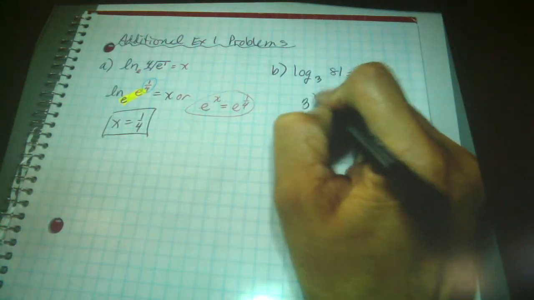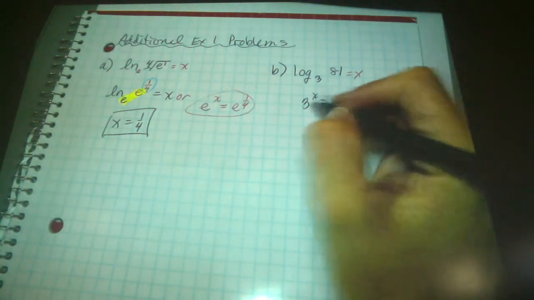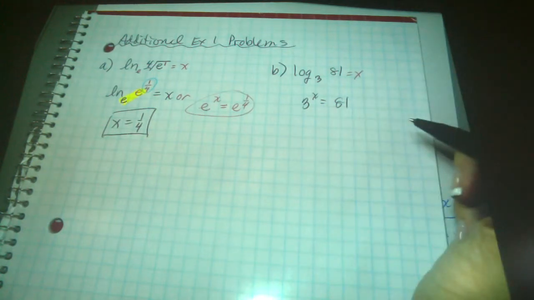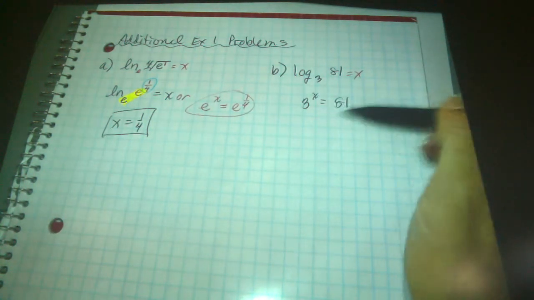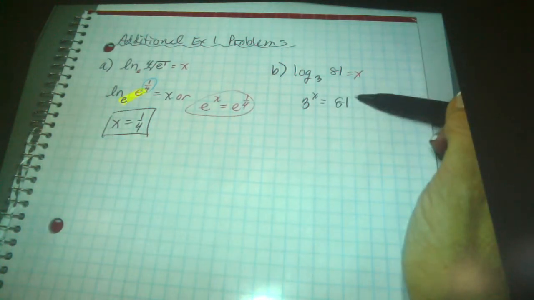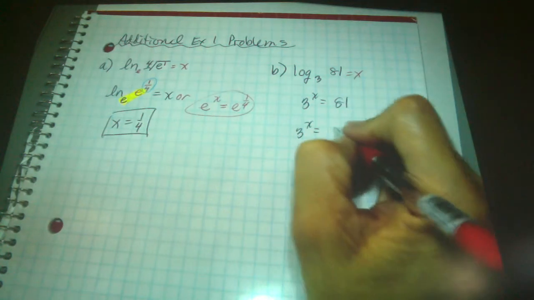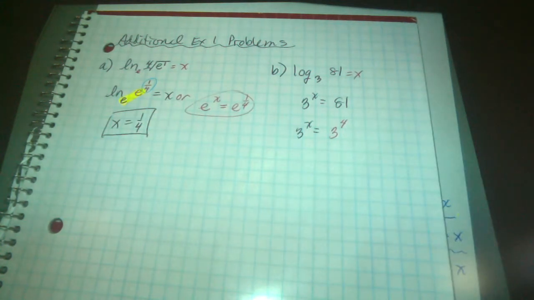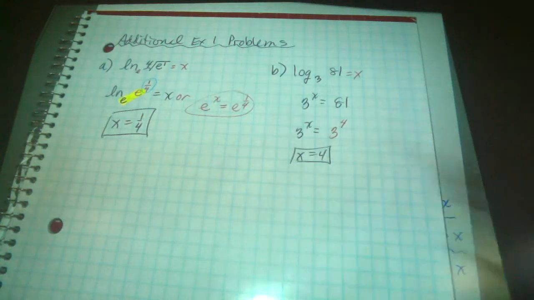So 3 to the x is equal to 81. 3 is the smaller of the two numbers. Can I convert 81 into 3 to something? Yep, so I've got 3 to the x equals, there are 4 3's in 81, so 3 to the 4. So what do you conclude? X equals 4.